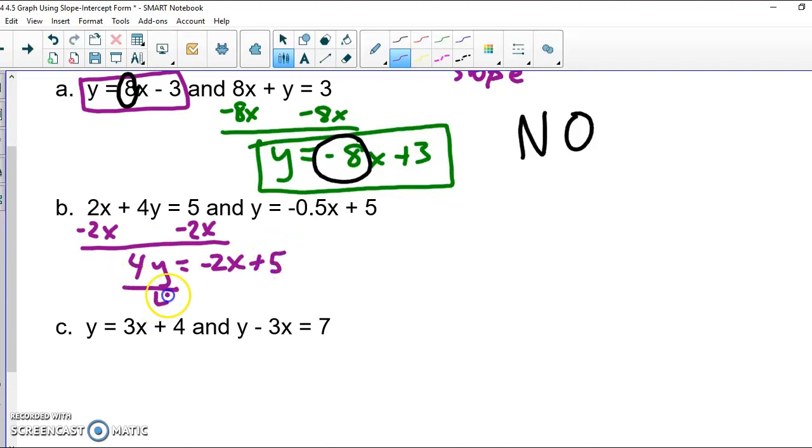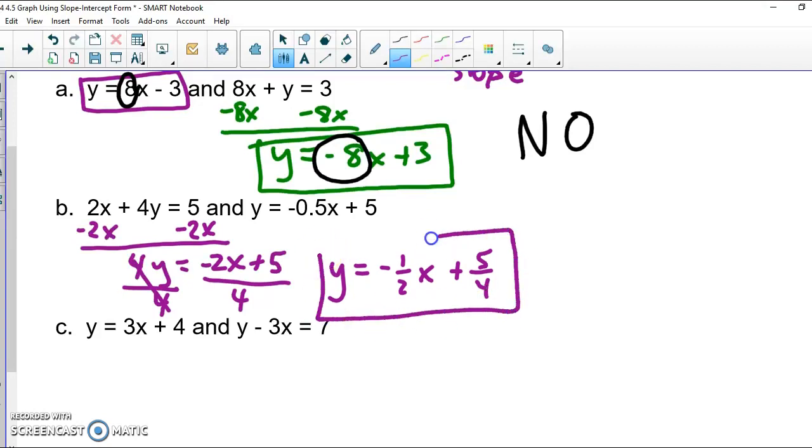And now I will divide both sides by 4, remembering that I need to divide negative 2x by 4, and I need to divide 5 by 4. So my final equation would be y equals negative 1/2 x plus 5/4.